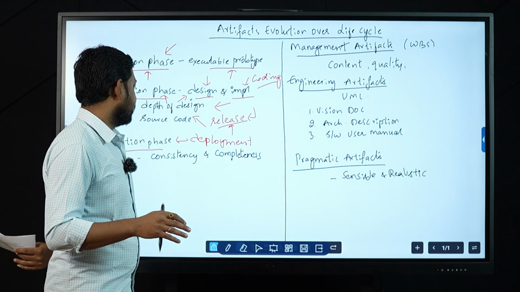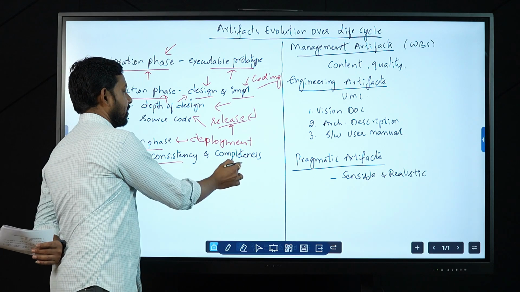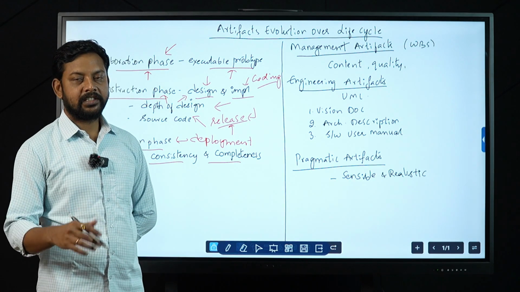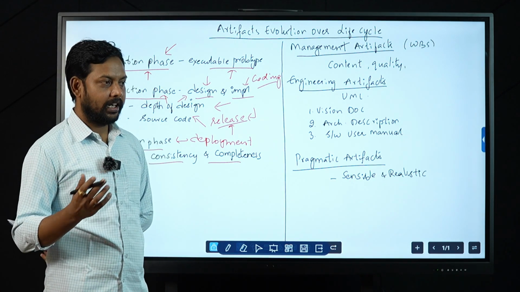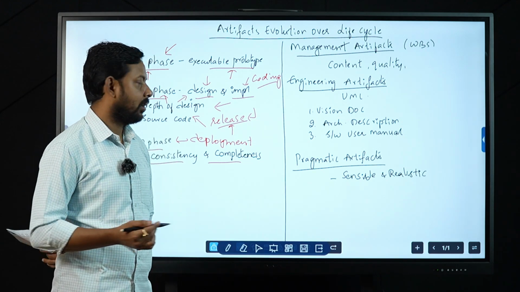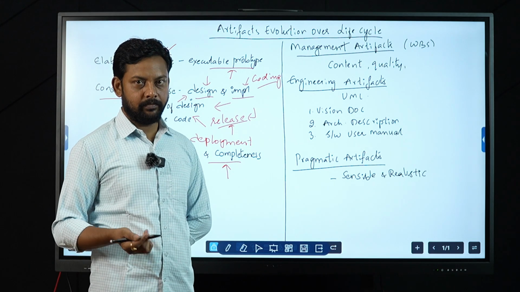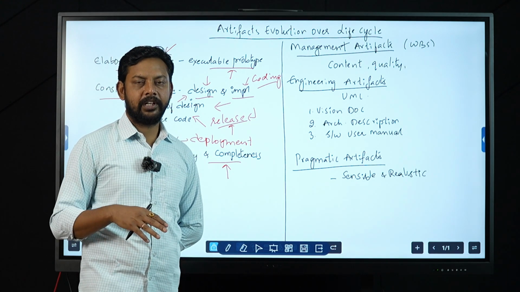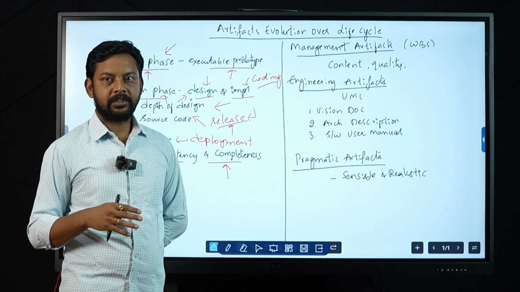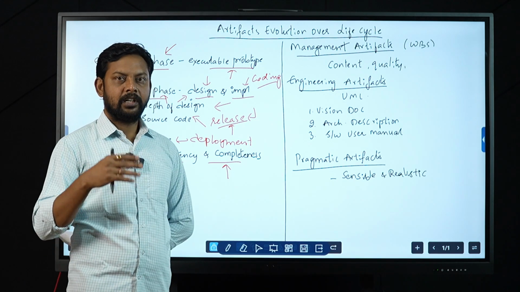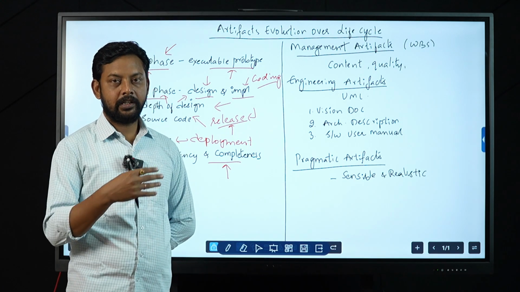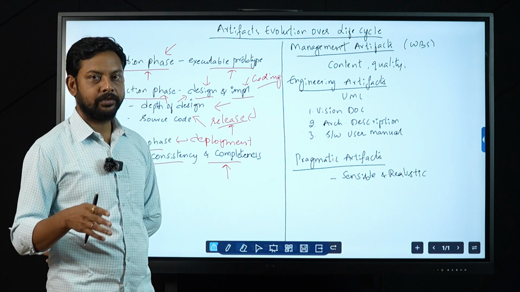So this transition phase majorly focuses on the consistency of your project, whether it is capable of executing all your customer requirements or not, and the completeness of your project. Completeness directly states whether your software is meeting the expectations of the user. That is, your software is completely ready in all the aspects related to the user requirements.